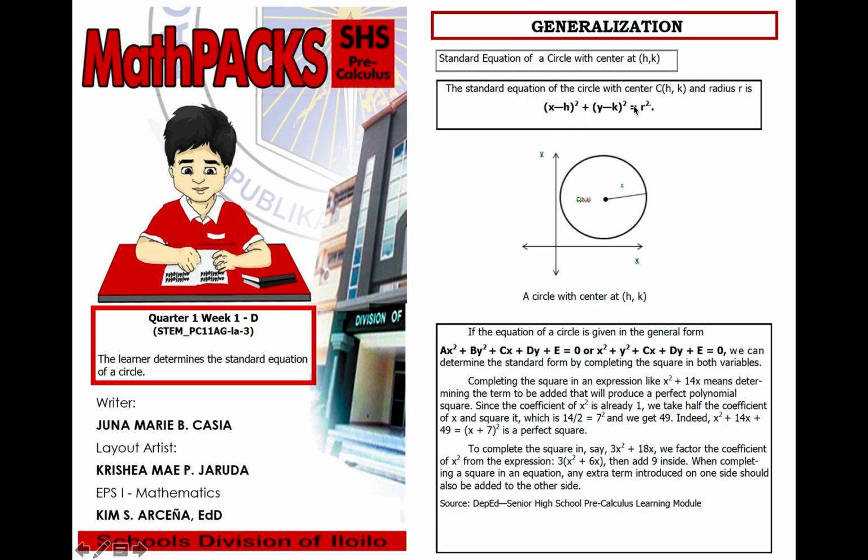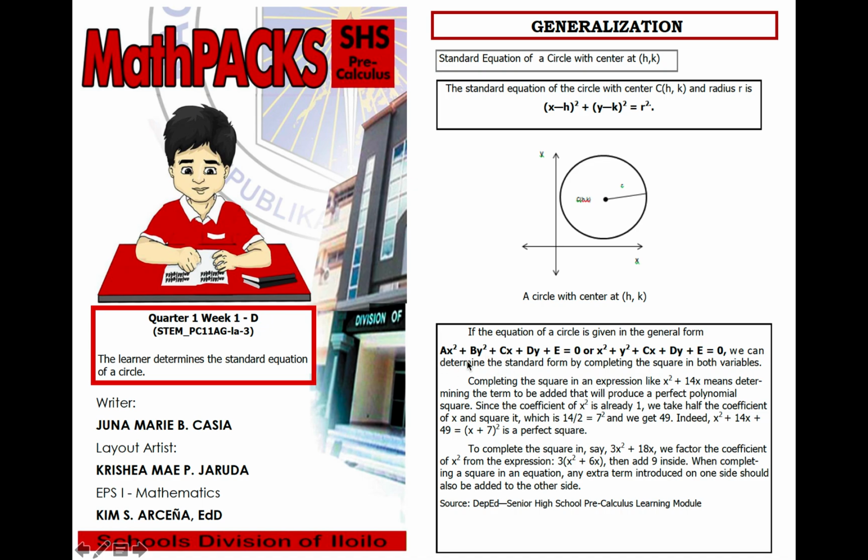And if you expand the standard form of the equation, it will generate the general form of the equation, which would look like this. Okay, so if you expand the standard form, it will become Ax squared plus By squared plus Cx plus Dy plus E equals 0.